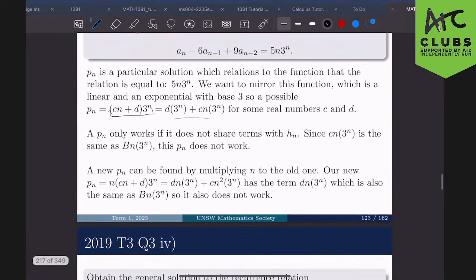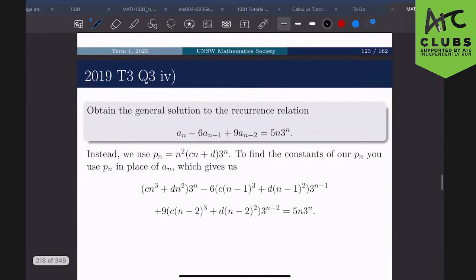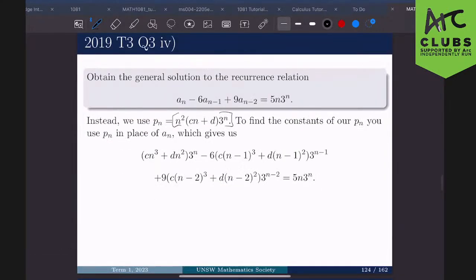So we have to multiply by n again. But we see that this term here is also shared in the general solution, so we have to multiply by n again. Which leads us to this form, which is not very nice. And now we have finally found a form for the particular solution in which we do not share any terms with the general solution.